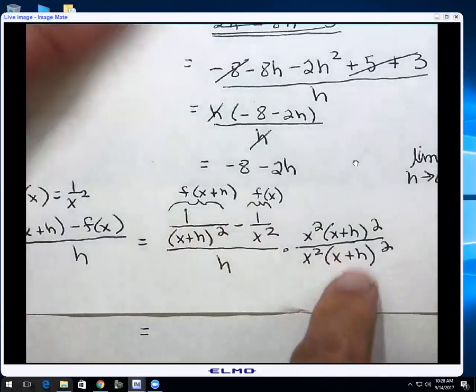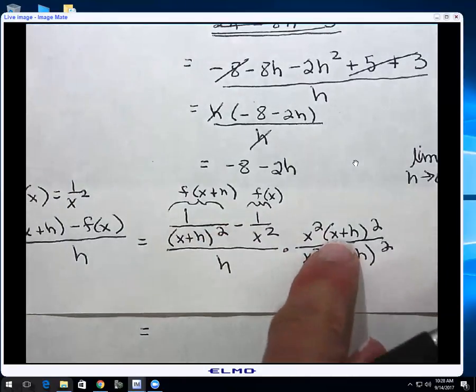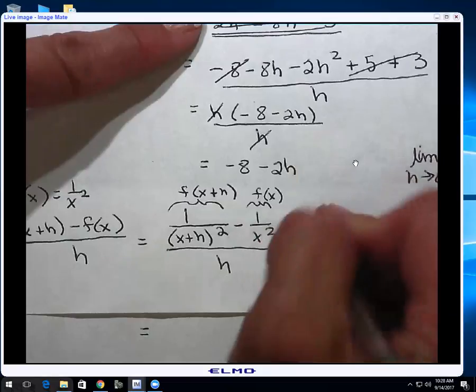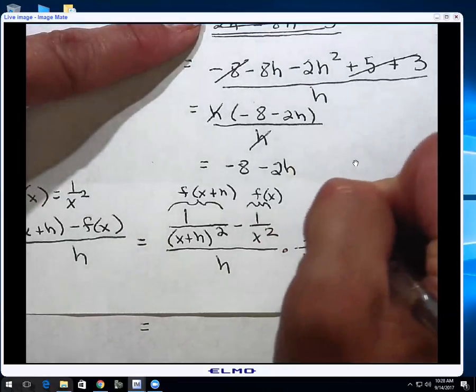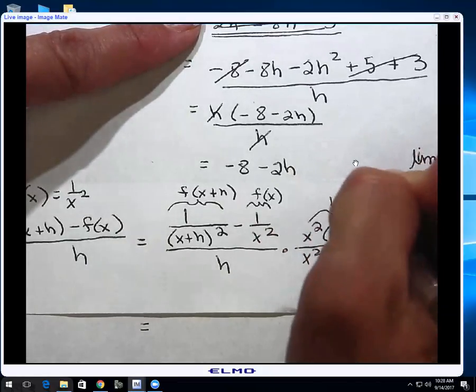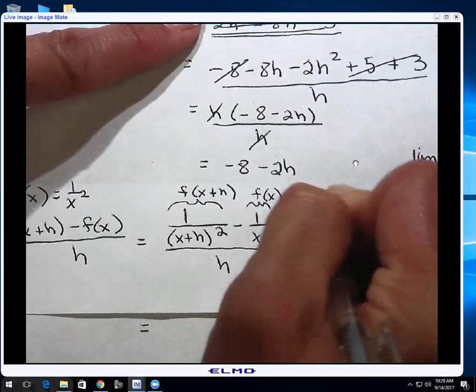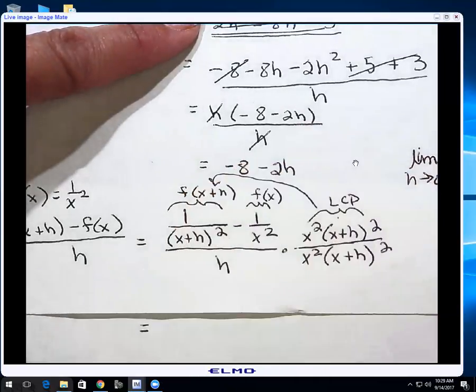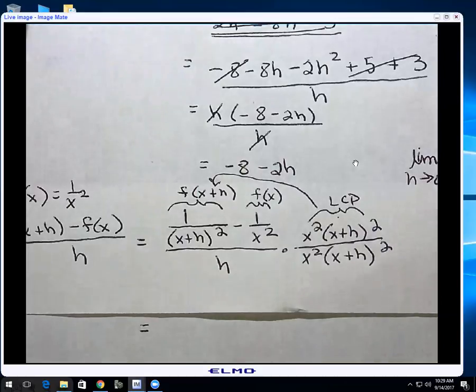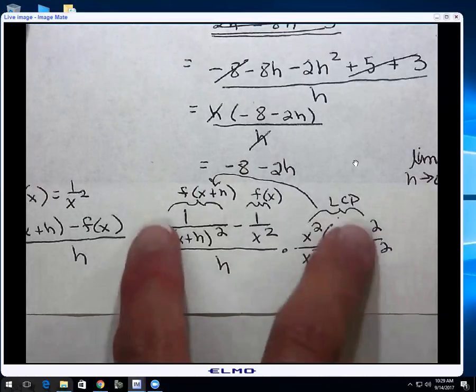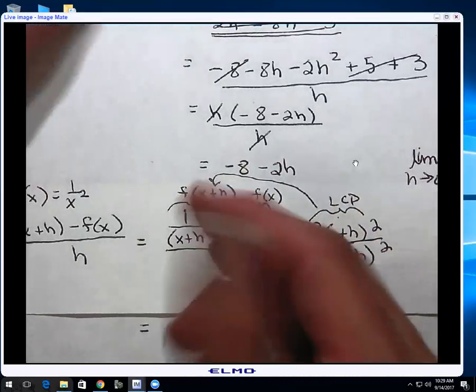So I'm going to make sure I distribute that LCD completely. When I multiply that whole LCD, this is the LCD, when I multiply that whole LCD times this first term, what's going to be left? The x plus h squares will cancel and just leave me the x squared.